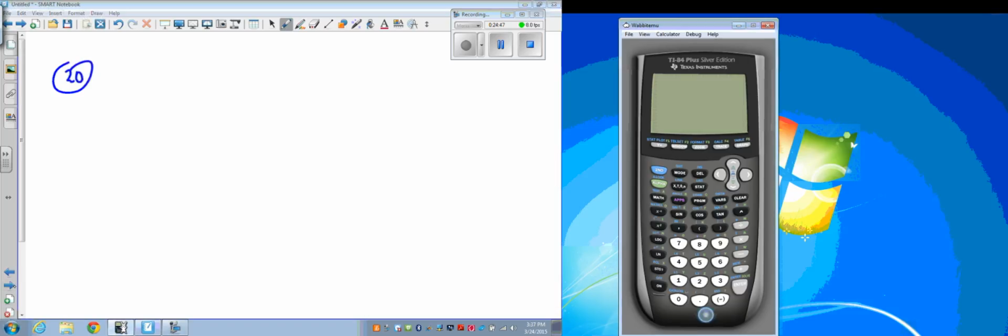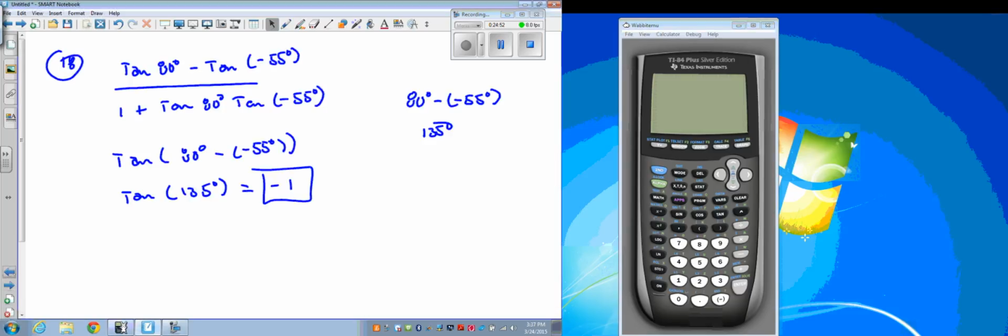Isn't there a bottom part to it though? No. The whole thing is the same as saying tangent of 80 degrees.